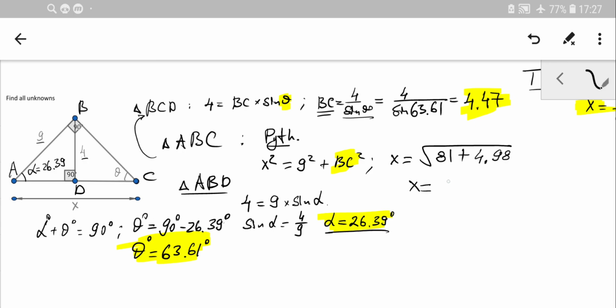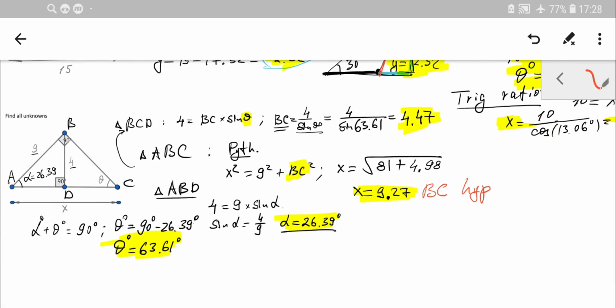So what I've got for x is 9.27, and that was the final value for AC. So that's the longest side. It obviously should be more than both BC and AB, and this is the check, right? Your AC is the hypotenuse, so it should be more than any other side in the big triangle ABC. All right, that was a pretty challenging task.